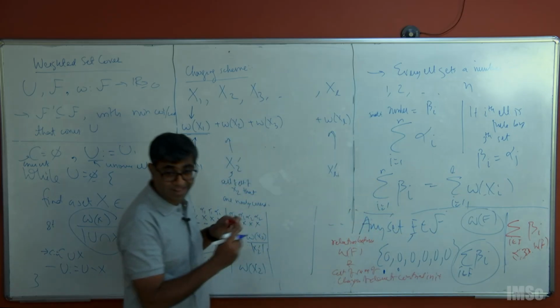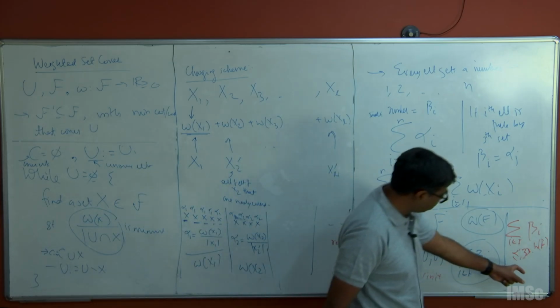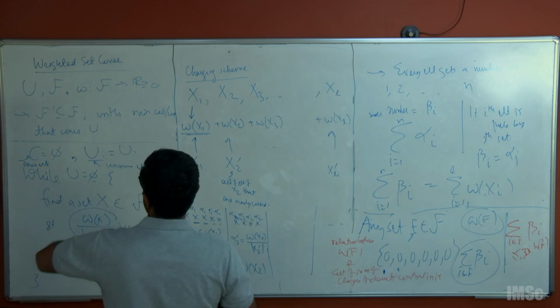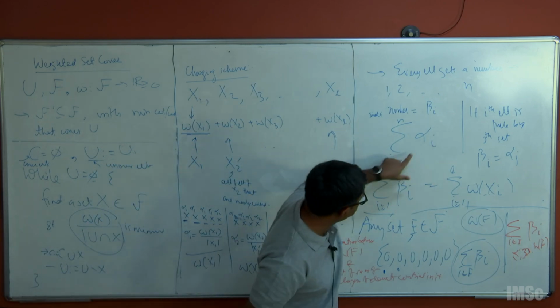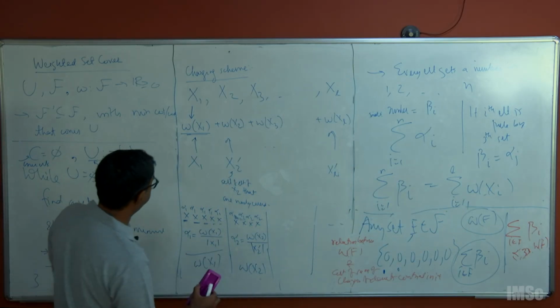Okay, that's it. That's a relation. Why am I doing this? If I prove whatever I will prove here, I can show you something interesting. Okay, how? So you have understood this. You have believed me that this is summation of beta.